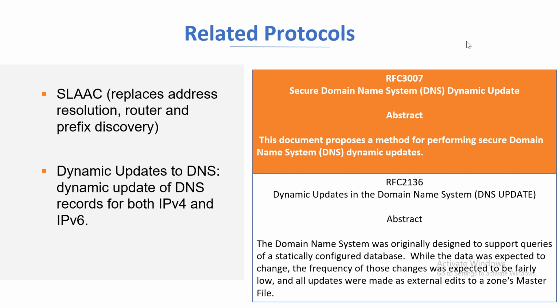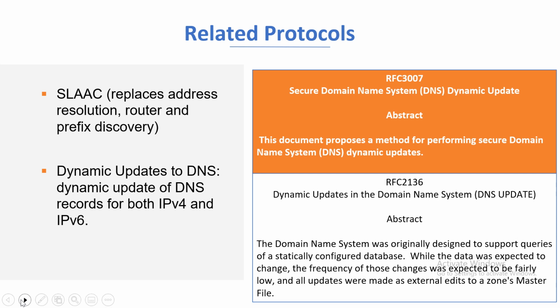And so we'll see that, and Mohit will review a little bit of SLAAC as well in his presentation in the lab. And the other thing that's related is, of course, DNS, and in particular, dynamic updates to DNS. And so we'll talk about some of that as we go forth.